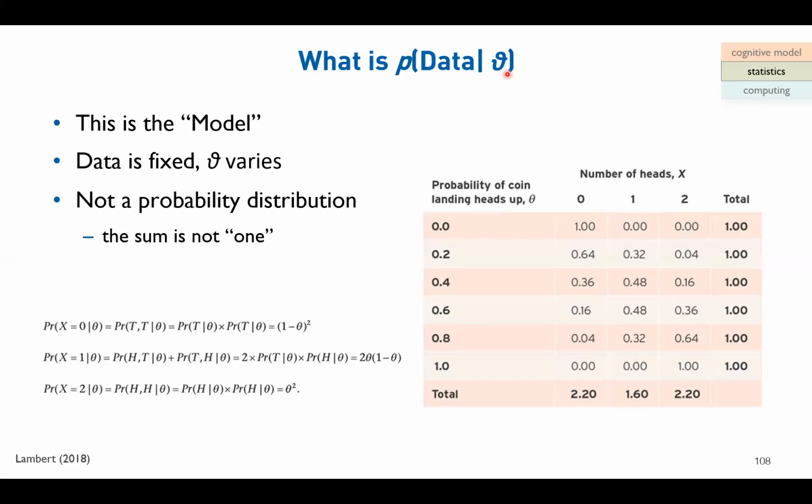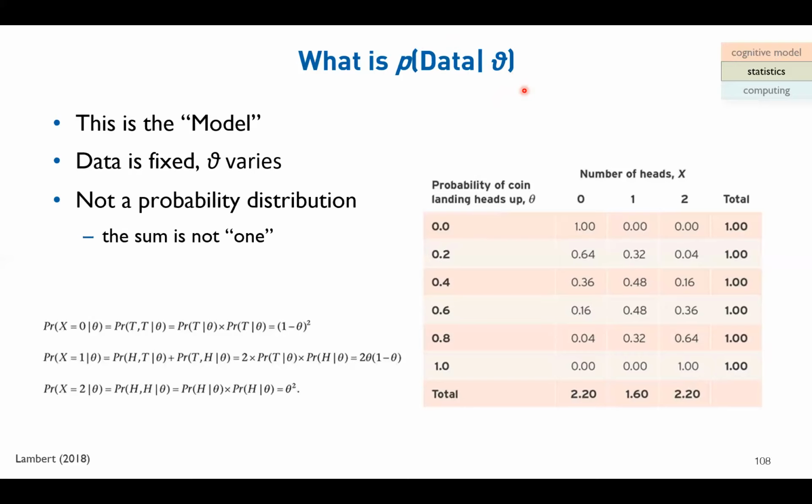If the theta is fixed and the data is changing, then this is a probability, as we have seen here. But if the data is fixed and the theta is changing, then it is not a probability. So it depends on the purpose, on how you use it, on which part is fixed and which part is varying.